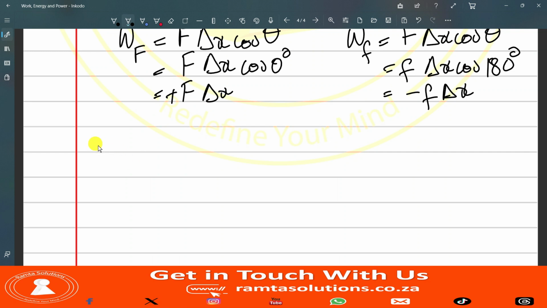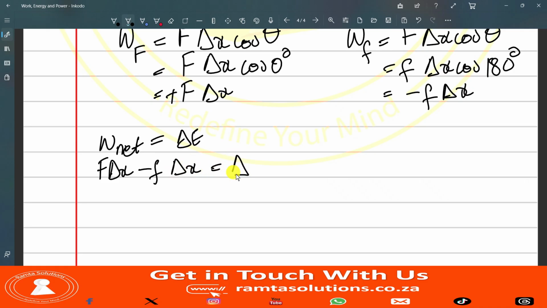Now, if you were to look at it, you said W net equals change in kinetic energy. What is this? It's F delta X minus small f delta X equals change in kinetic energy. So this was not a mistake. What I need from you is to be careful with the signs.